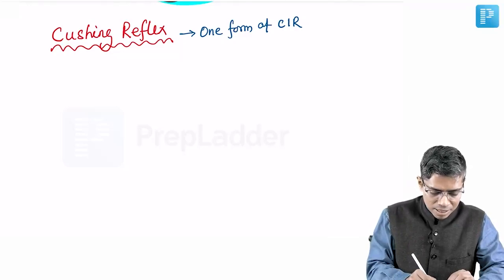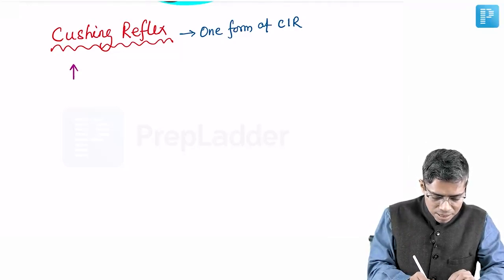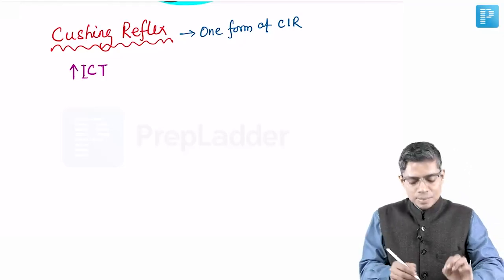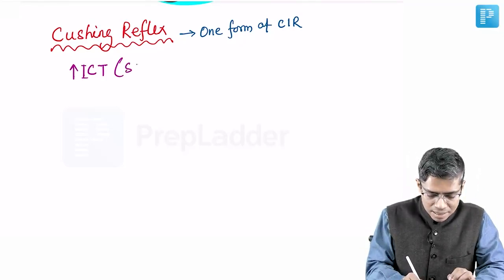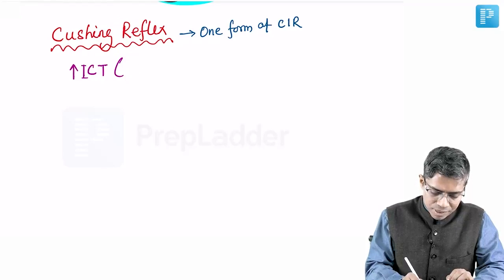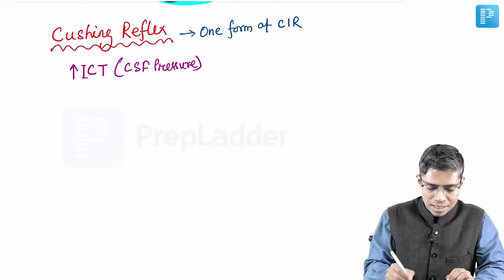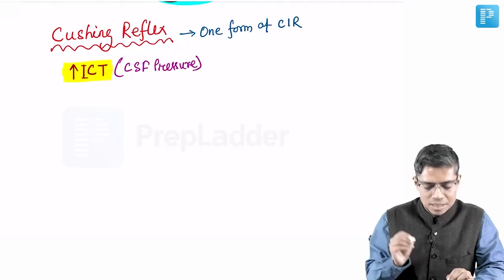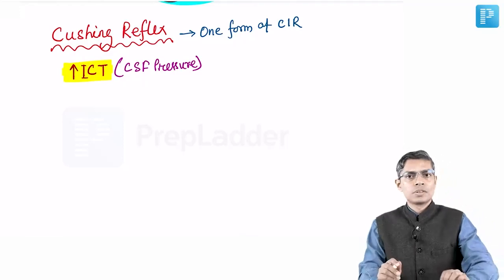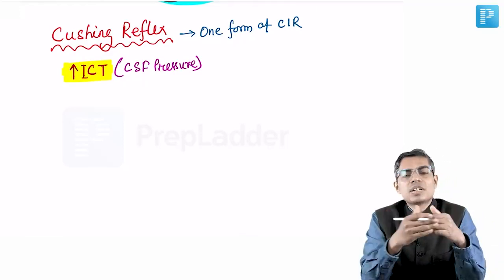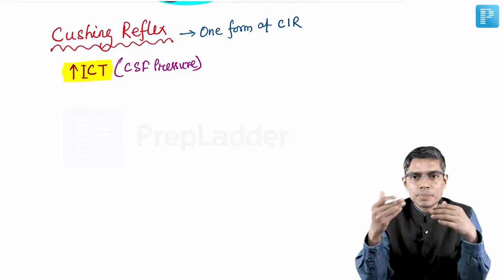And what is that indirect mechanism? There is an increase in ICT. Due to any cause, the CSF pressure is very high, an increase in intracranial tension. You know that in regional circulation we'll be discussing the Monro-Kelly principle.